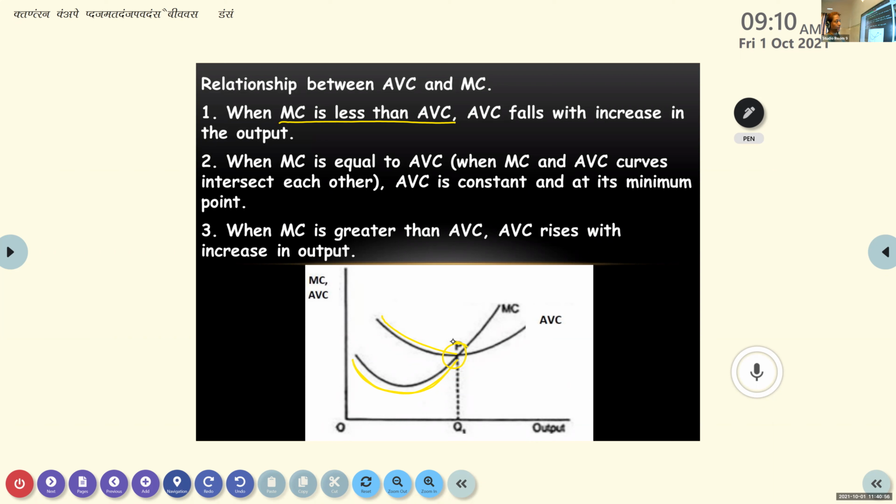After that, it changes. It starts rising. Why? Because now marginal cost is greater than AVC. Because of that reason, AVC rises. Till this point it is reducing, after that you can see it is increasing. And always MC will be greater than AVC in that particular situation.